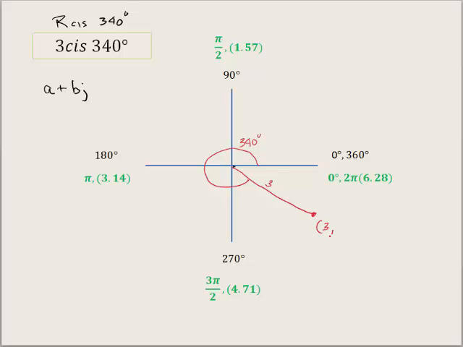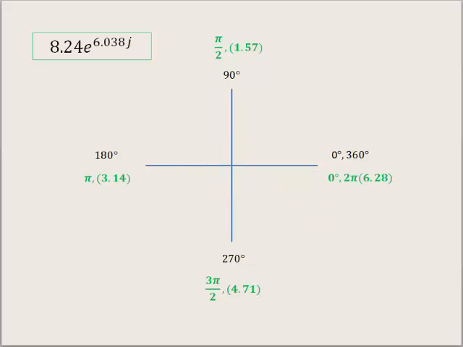So this point out here would be 3. I'm sorry, let's write it correctly, 3 cis 340, and let's put our degree symbol in there. So now we can find our point with a polar designation or with a rectangular designation.